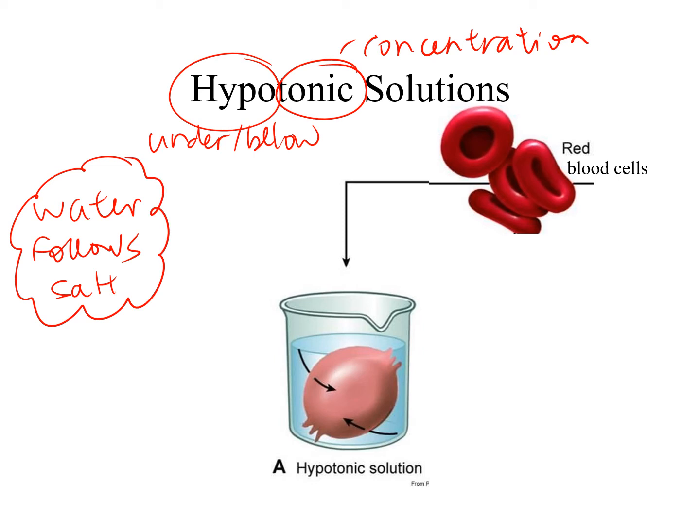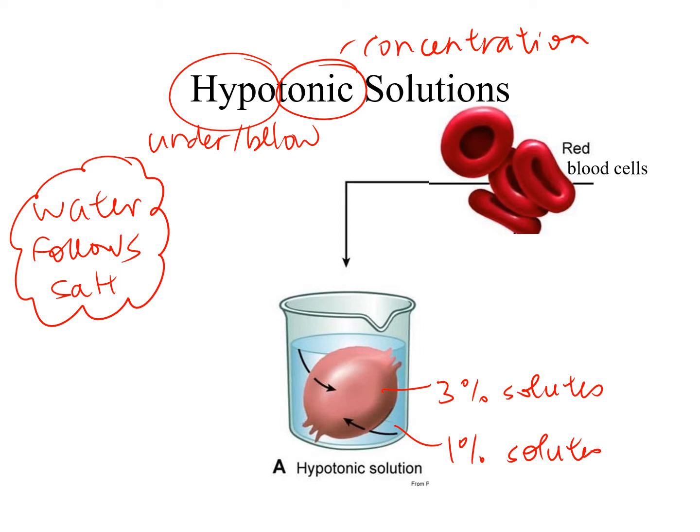Okay, so let's take our cell. Let's once again give it a 3% solute concentration. And let's say that we have it in a solution, but this time the solution is less concentrated at around 1% solute concentration.